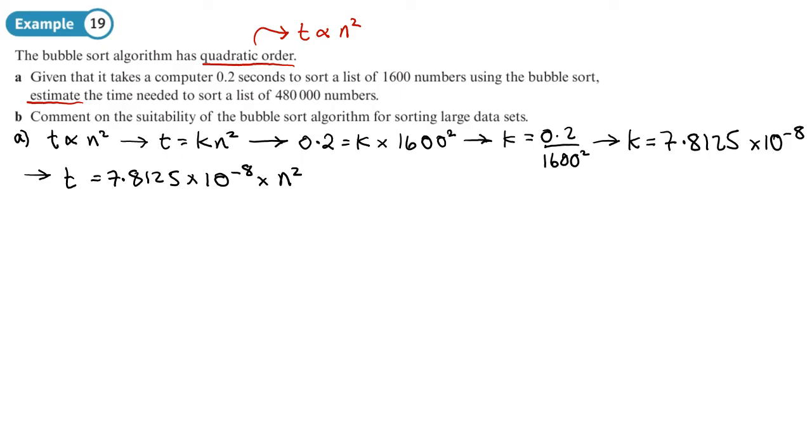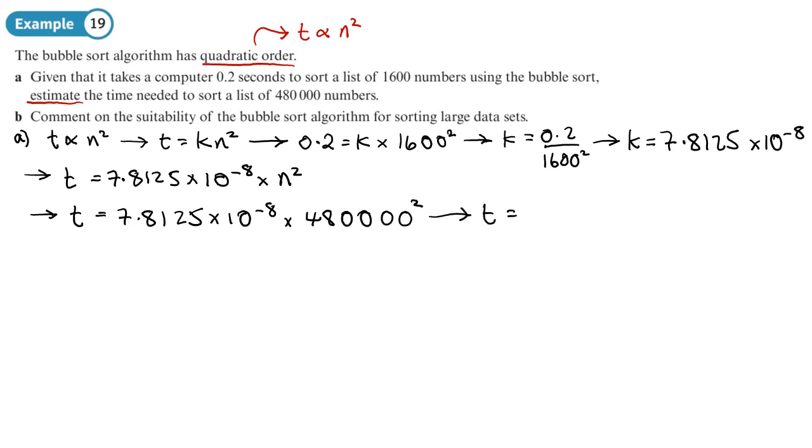So now we can just plug our numbers in to find the time. So the time is going to be 7.8125 times 10 to the power negative 8 times the number of items, which now is 480,000 squared.